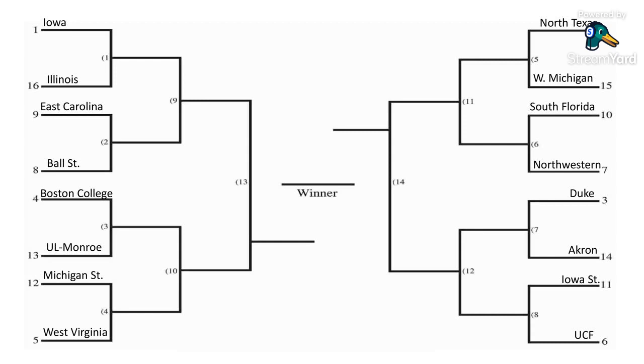The winner of Iowa and Illinois and the winner of East Carolina and Ball State will play each other at the Rose Bowl. The winner of Boston College and UL Monroe and the winner of Michigan State and West Virginia will play at the Sugar Bowl.